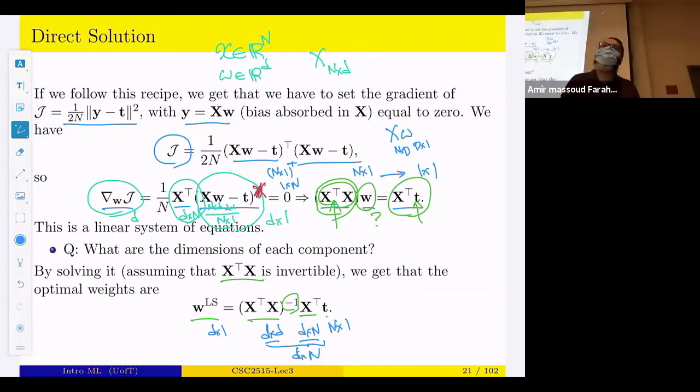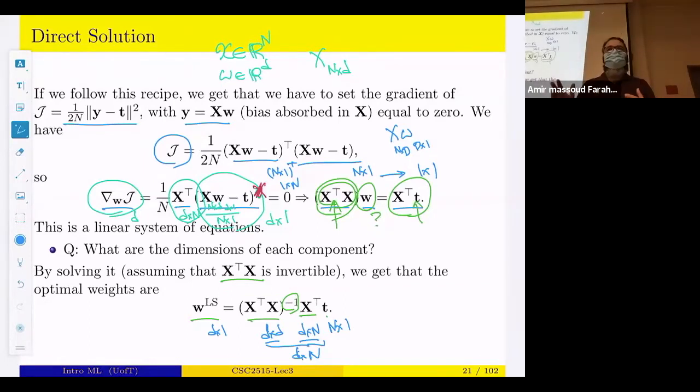In practice, that matrix might not be invertible. Maybe it would be rank deficient, or it might not be rank deficient but have a very bad condition number, which basically means the ratio of the largest eigenvalue to the smallest eigenvalue is very large, which makes the numerical errors very large.